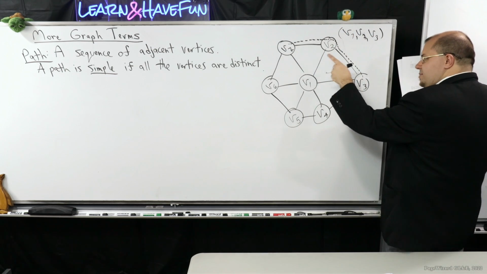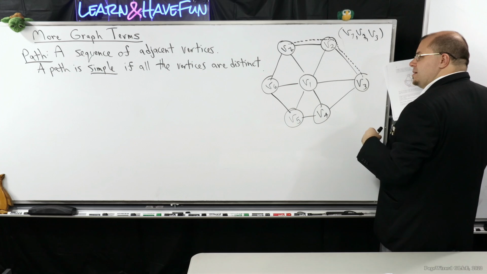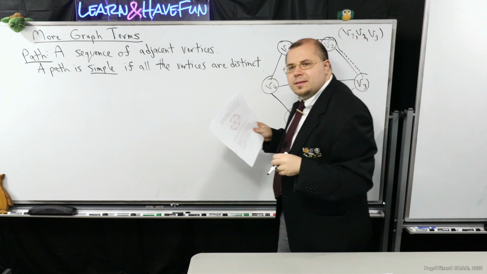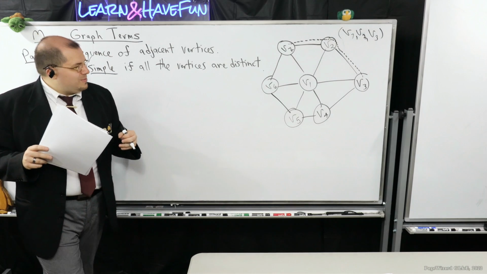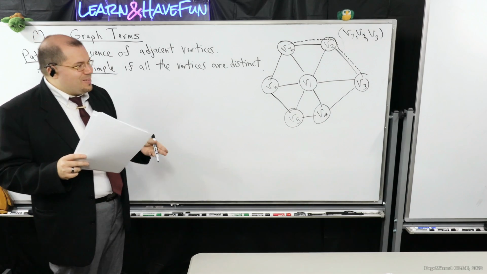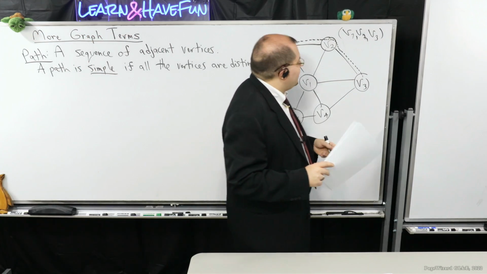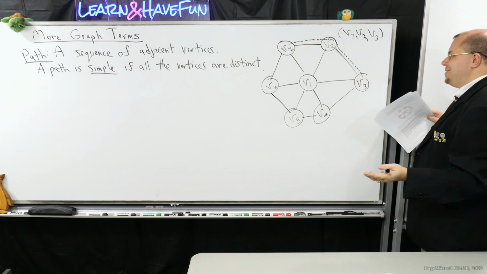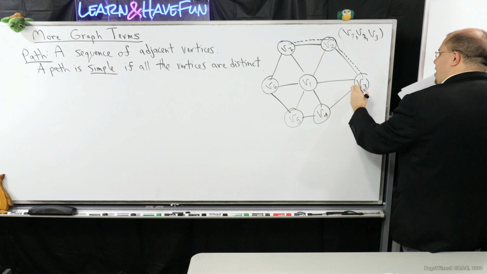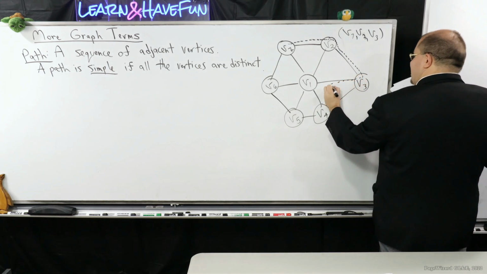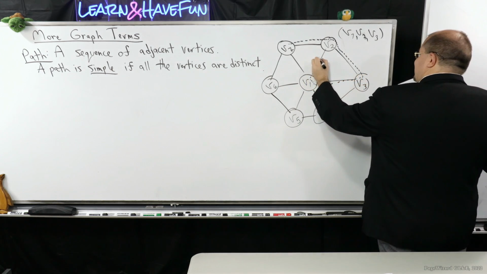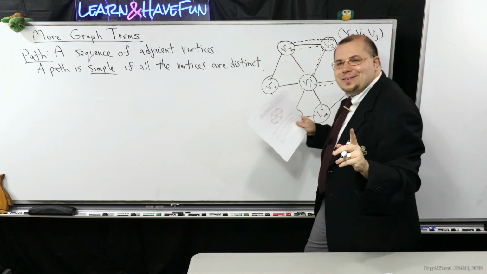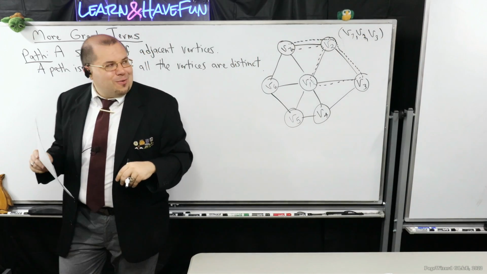It's a sequence of adjacent vertices. If I were to tack on V5 right after V3, is it still a path? No, because V5 is not adjacent to V3. But is this a simple path? Yeah, it's simple. Notice there's no repeating vertex. However, if I continue this pathway, I go to V1, then I go to V2, and then I go back to V7. Is that a simple path? No, because I've now repeated V2.